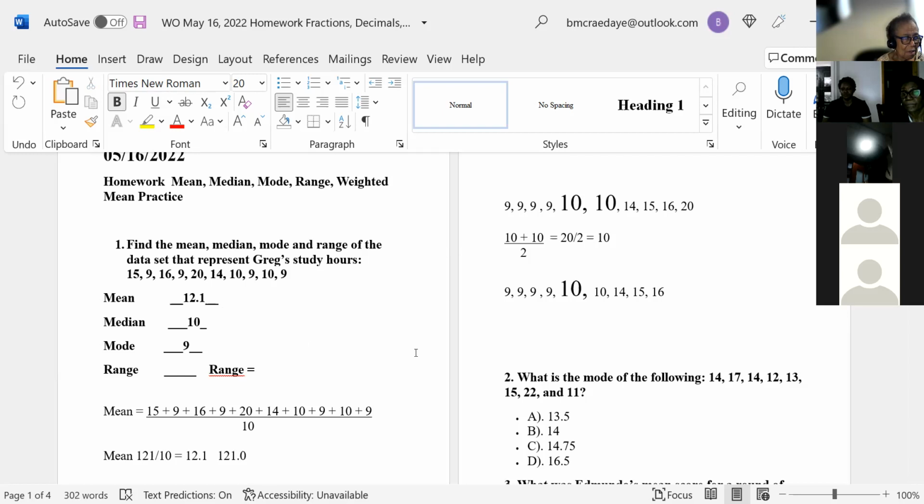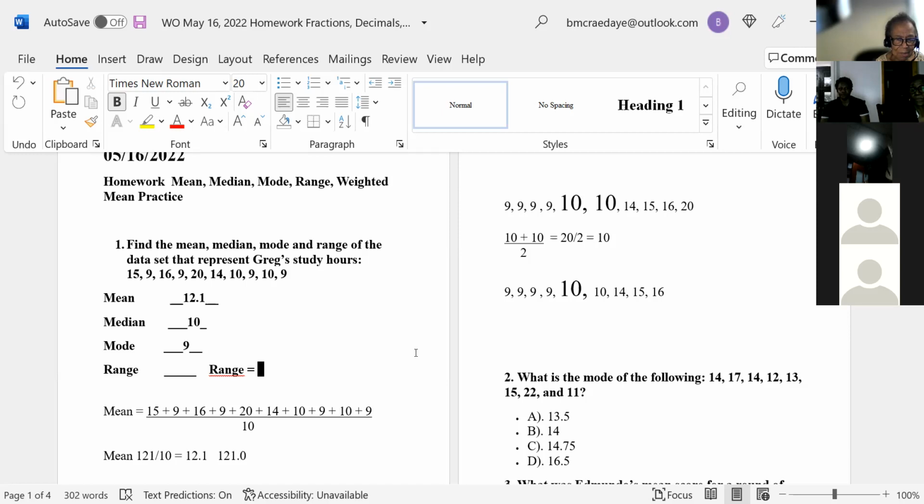Will you say it again? From high to low, greatest to lowest. Range is equal to what, Maureen? Higher and lower. You got the highest number and the lowest number, but I didn't hear an operation. Subtraction.